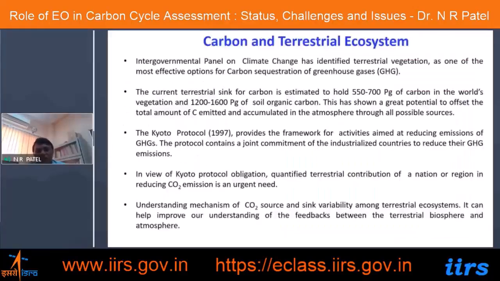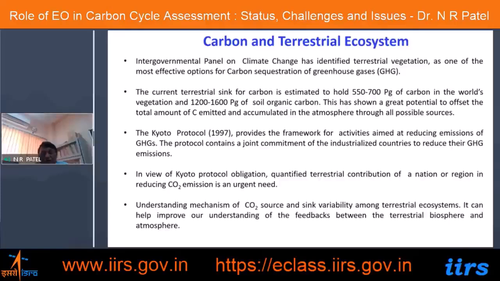So why do we require this understanding of carbon and the terrestrial ecosystem? Because, as we have heard quite many times, the IPCC, Intergovernmental Panel on Climate Change, is devising different kinds of strategy to mitigate climate change.